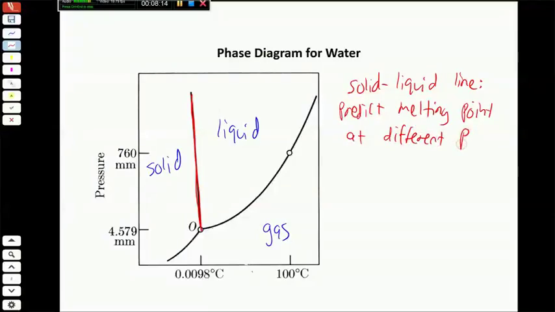So we know that the normal melting point of water is 0 degrees Celsius, but we see that the solid-liquid line has a little bit of a slope to it, telling us that the melting point would be a little bit different if you go to different pressures.